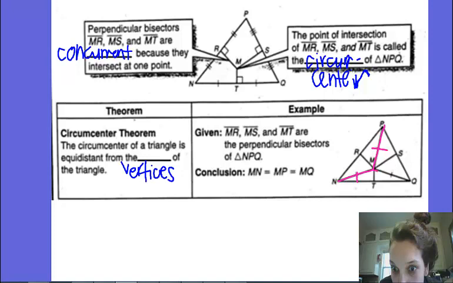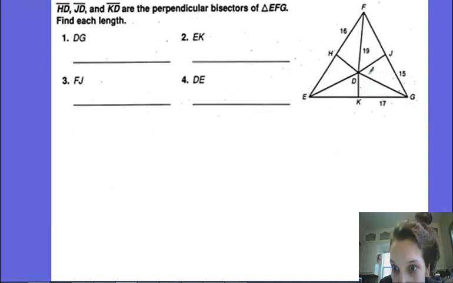Let's look at a triangle. So HD, JD, and KD are all perpendicular bisectors. So that makes point D our circumcenter. And we know that the circumcenter is equidistant to each vertex.